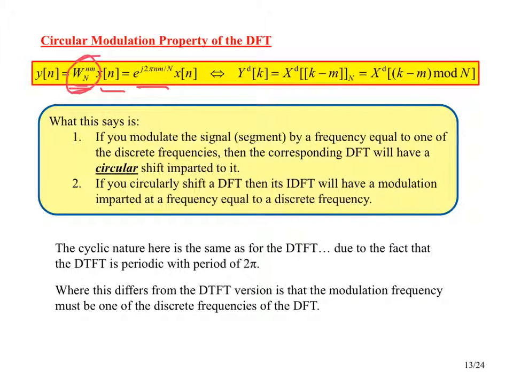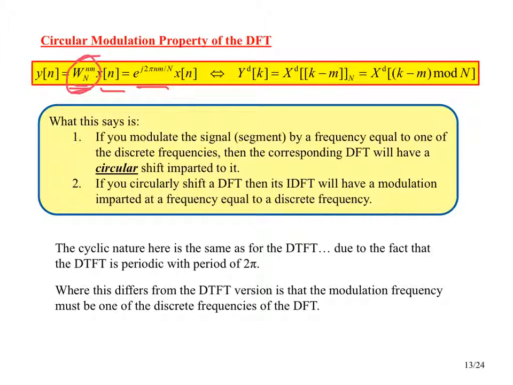So basically, if you think about it, what we're really doing is shifting the underlying DTFT by an amount that keeps everything, all the points, kind of on the grid. So it makes complete sense that we would be just shifting the DFT points around as they go along frequency.